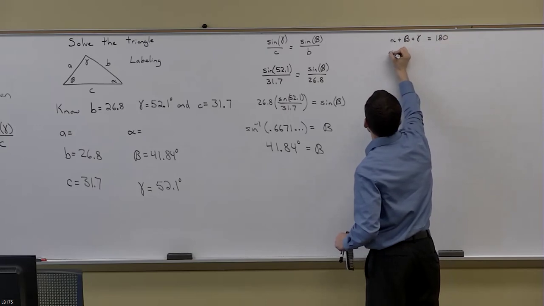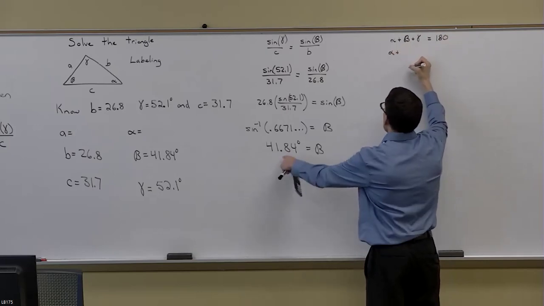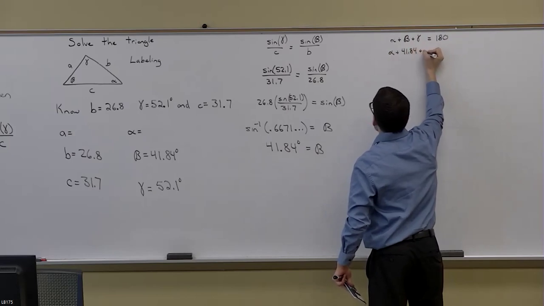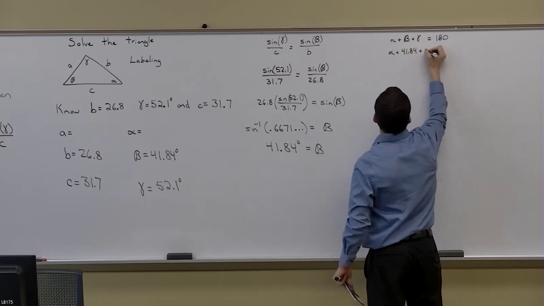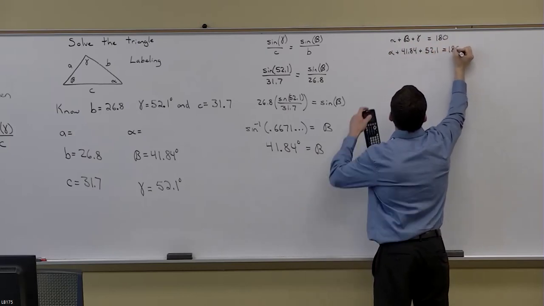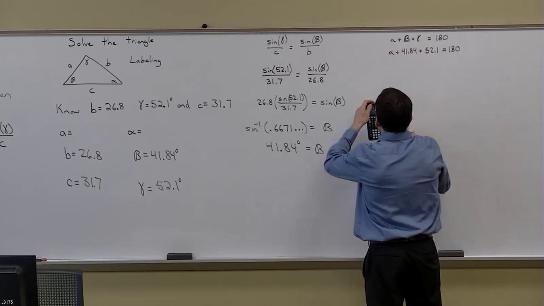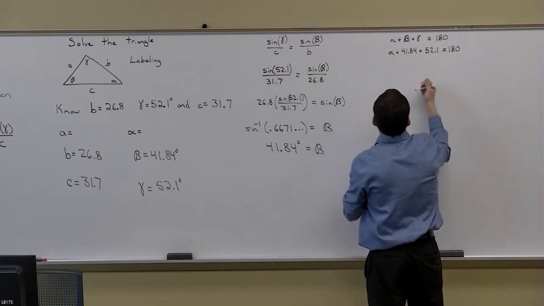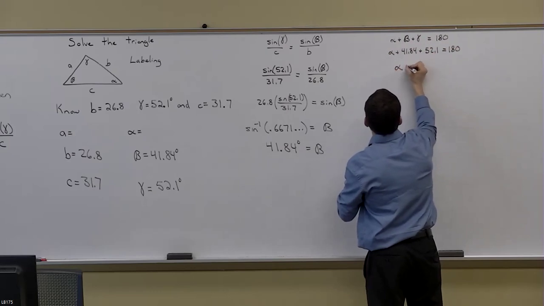I don't know my alpha. I do know my beta now, and I know my gamma. Subtracting from both sides, I get 86.06 as my alpha.